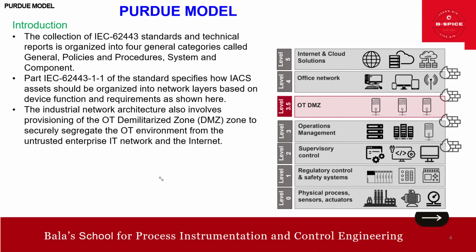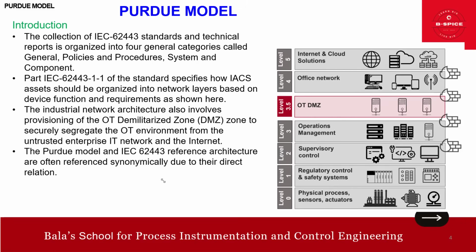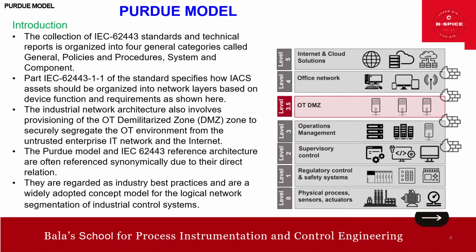You got it, friends? So the Purdue model and the IEC 62443 reference architecture are often referenced synonymously due to their direct relation. They are regarded as industry best practices and a widely adopted conceptual model for the logical network segmentation of industrial control systems. So this is all about the intro, friends.